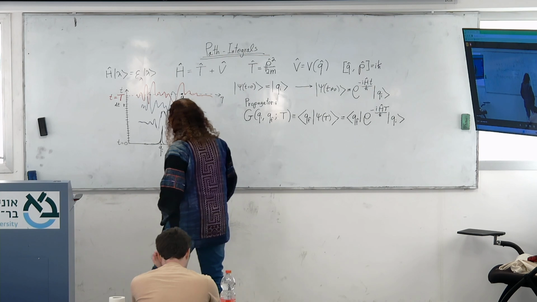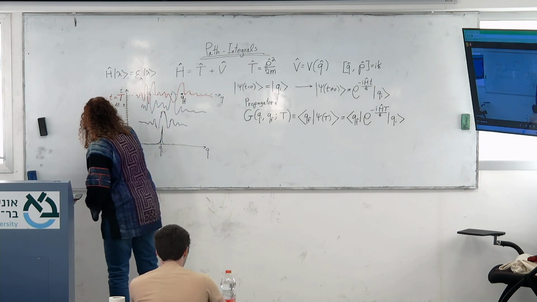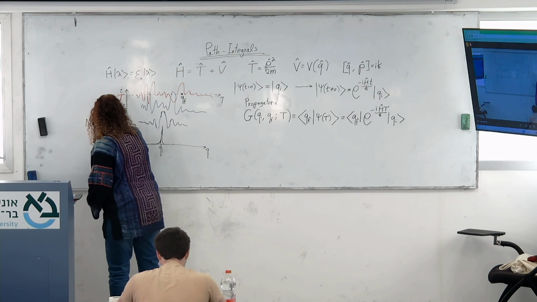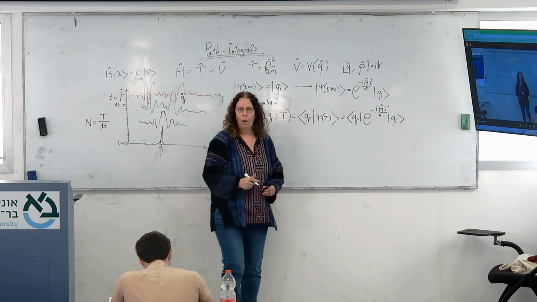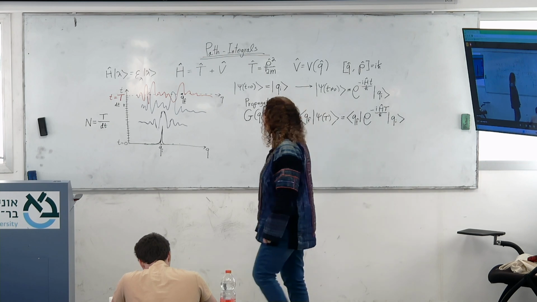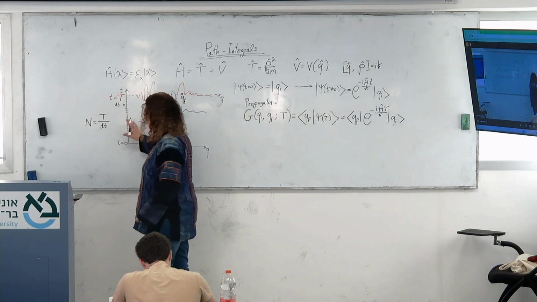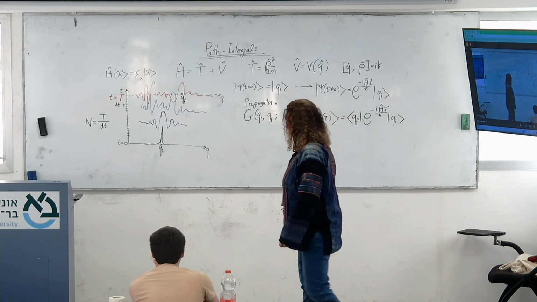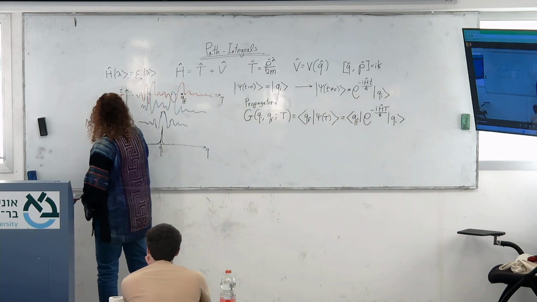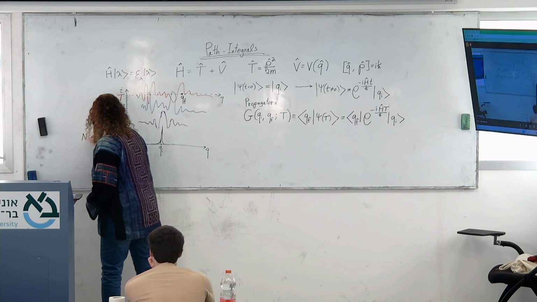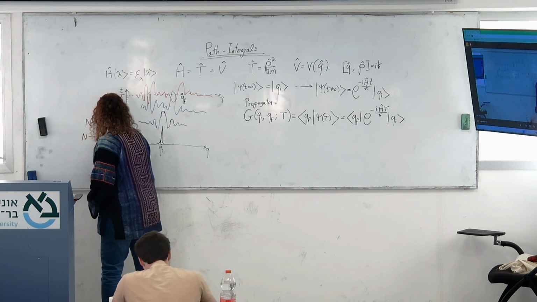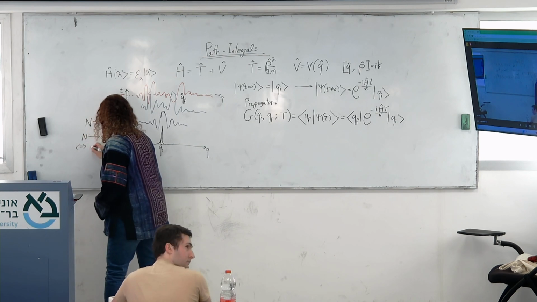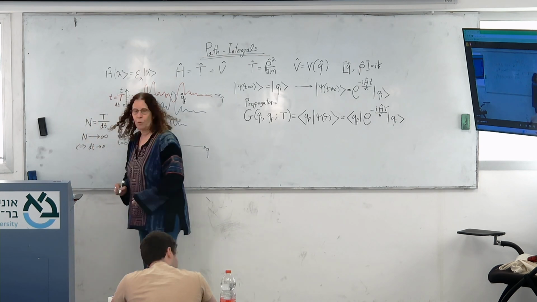So I define here capital N to be T over dt. This is the number of time slices. And we'll do everything for finite N, but in the end, for a given capital T, I want to take the limit that N goes to infinity, which is equivalent to saying that dt goes to 0. Okay?